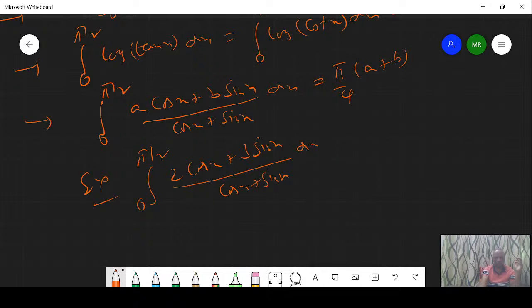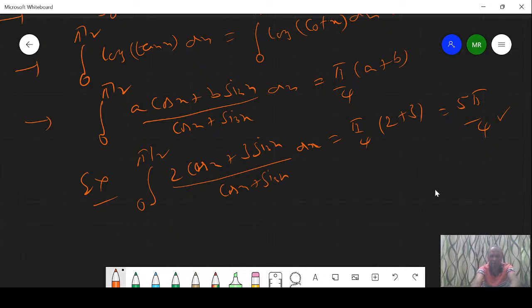This will be pi by 4 into 2 plus 3, so the answer will be 5 pi by 4. That's the purpose of this. Easily you can write 5 pi by 4.